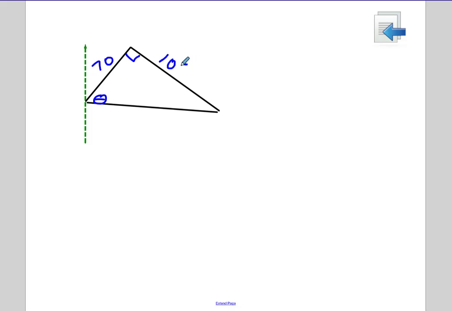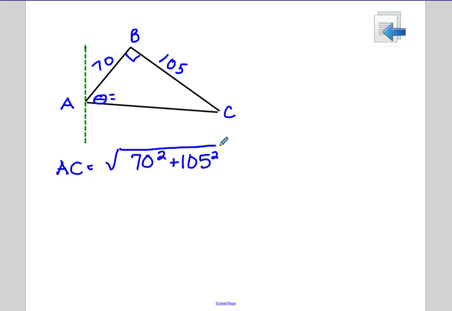We knew this was 105 nautical miles over here to C, and we want to find out that triangle. So if we solve for ABC, if this is A, and this is B, and this is C, we can find out that AC is the square root of 70 squared plus 105 squared.